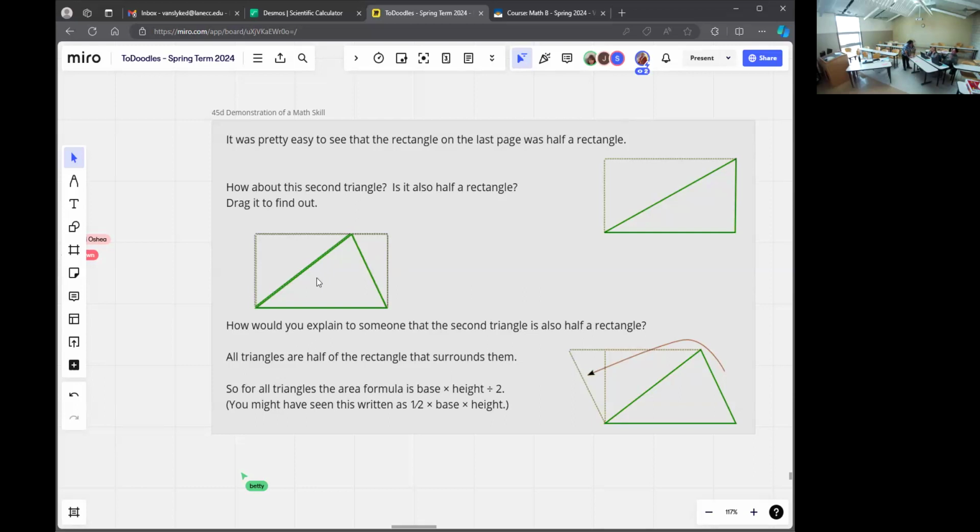So this one is less obvious. How would you prove that this triangle is half of the whole thing? Or on the slide, that the green triangle is half of the whole rectangle?